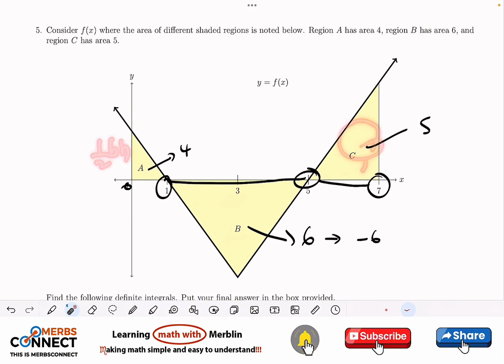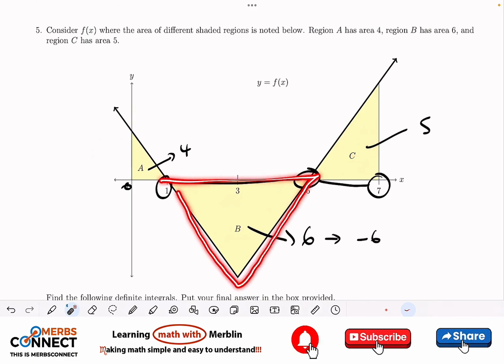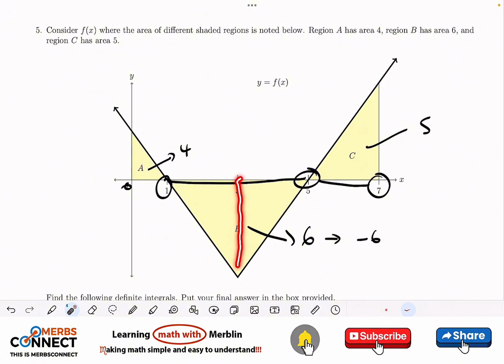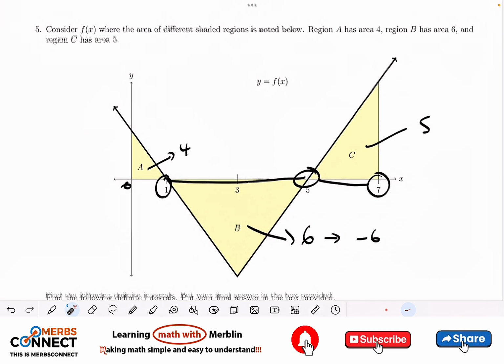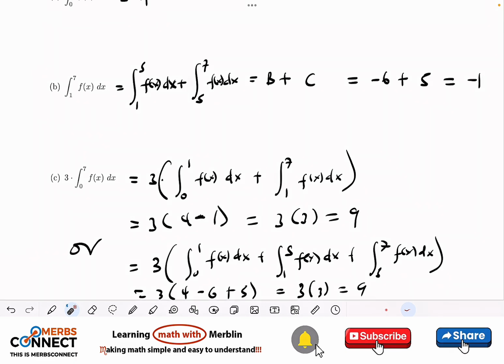Let's assume that I don't know the area formula for a triangle. Then I can divide this into 2, so that I have right angle triangles. I solve the area for this, and the area for this. Then I add to get B, and then you take it from there.